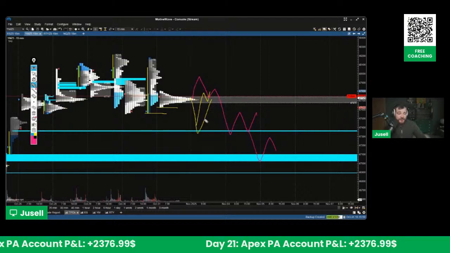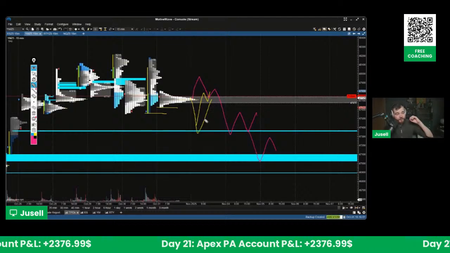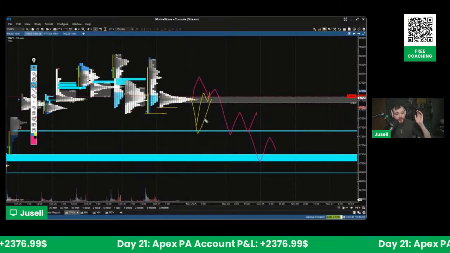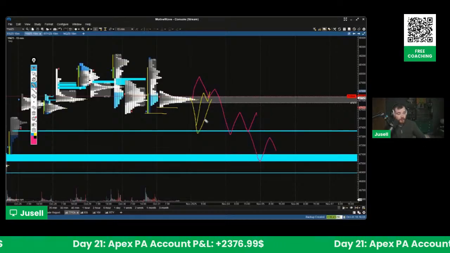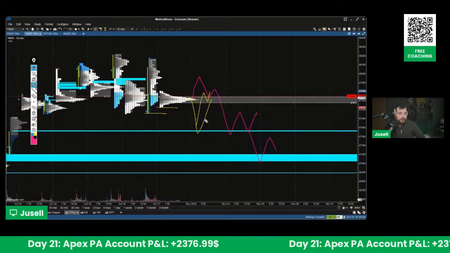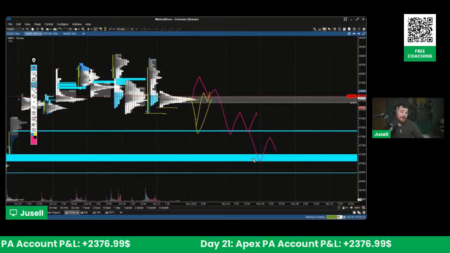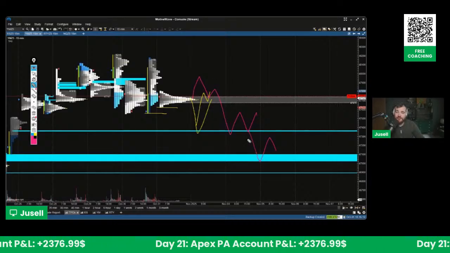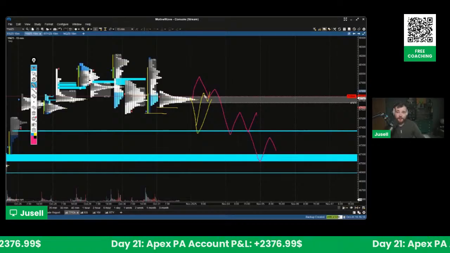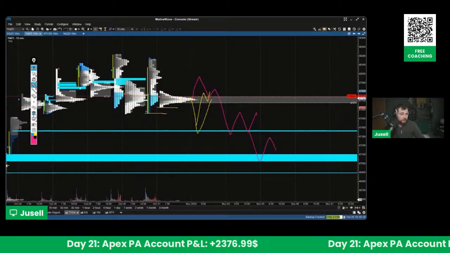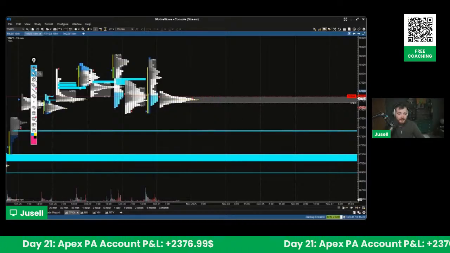Then the second option is we find our way upwards, reject the previous point of control, or the naked point of control on the TPO, and then we find ourselves going towards the magnets, which are the single prints. So that's that for YM.